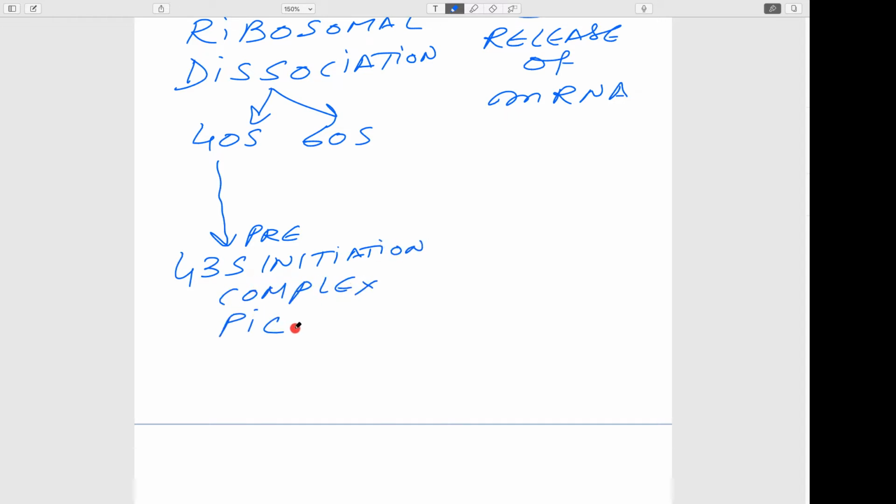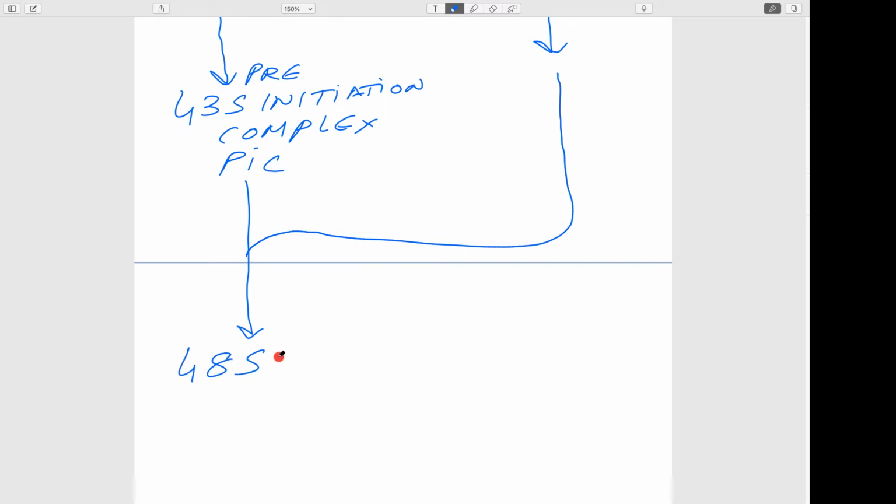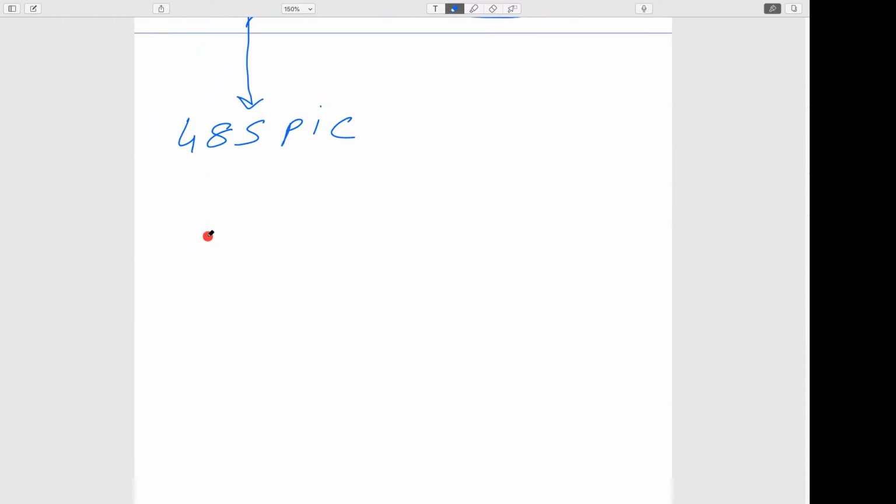Simultaneously, various factors are added to the messenger RNA, so association with the factors takes place. After adding these factors, this combines with the 43S, which leads to the 48S pre-initiation complex. So we'll take up the 60S later.